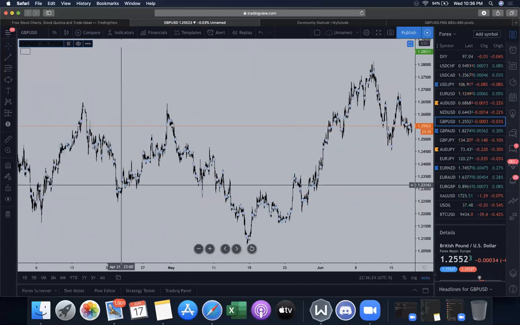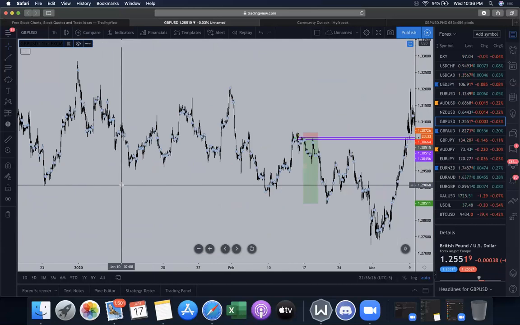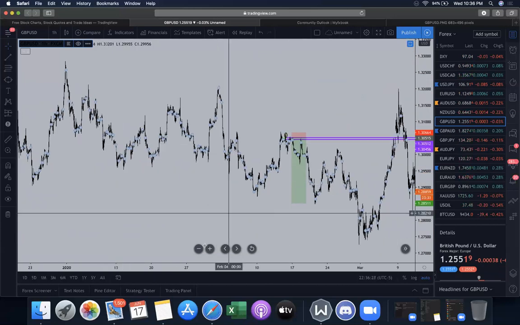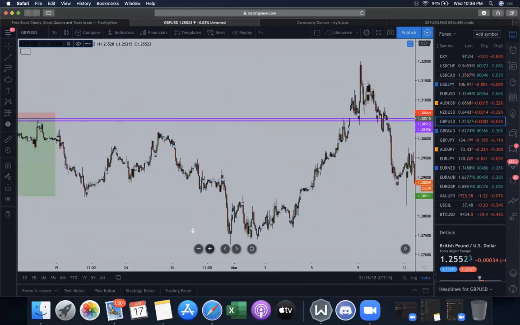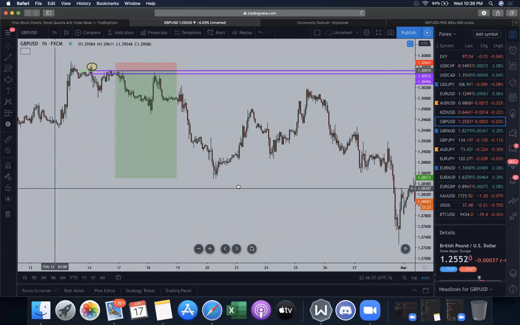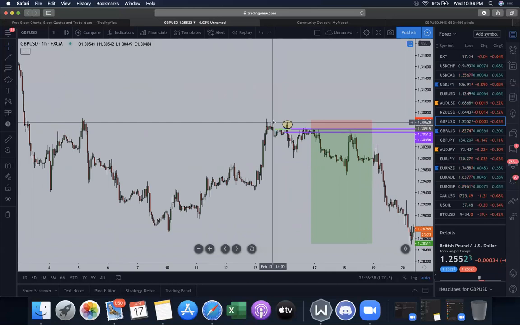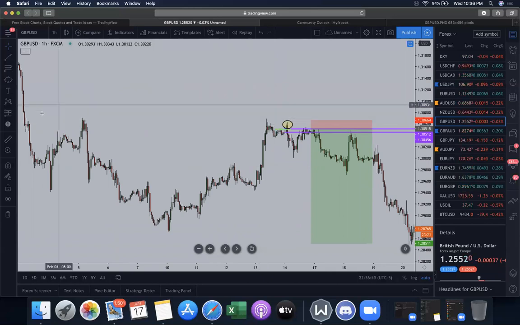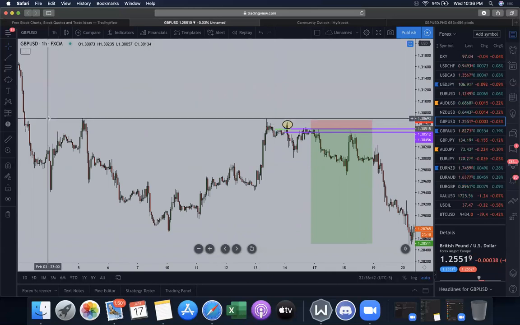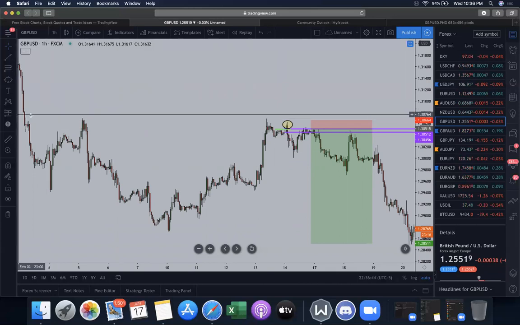If we're talking about January, or maybe this in February, like maybe these equal highs. Yeah, so there's 3 equal highs there.